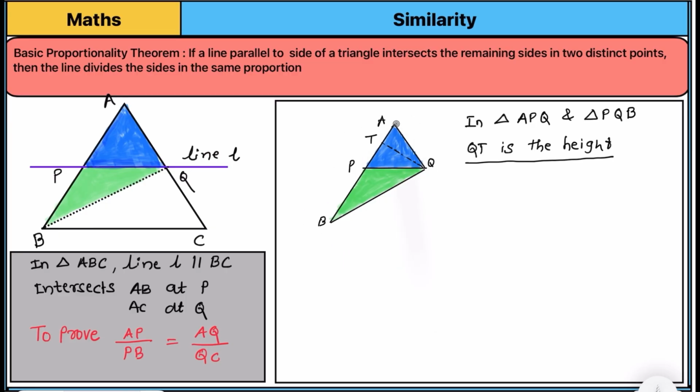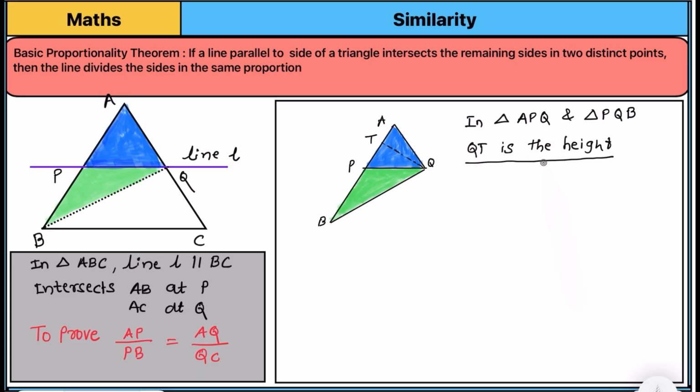For ease of understanding, I have taken out these triangles separately. Now, in triangle APQ, which is highlighted in blue, let's assume AP as the base. And triangle PQB, which is highlighted in green, let's assume PB as the base. If we assume this, then QT is the height for both the triangles. Why? Because QT is perpendicular to the base AP as well as base BP.